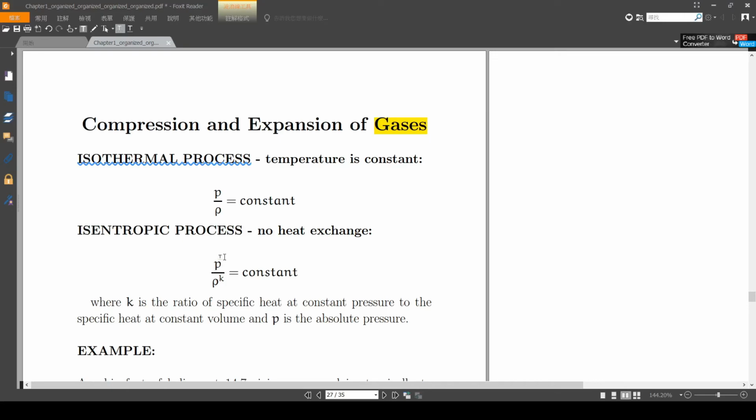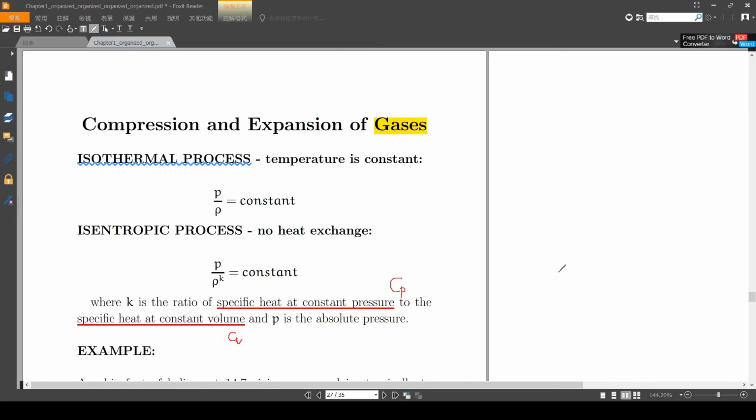Therefore, the relationship becomes like this: the pressure divided by the density to the power of k, and there is a k here. k is the ratio of the specific heat at constant pressure, C sub p, to the specific heat at constant volume, sometimes written C sub v.